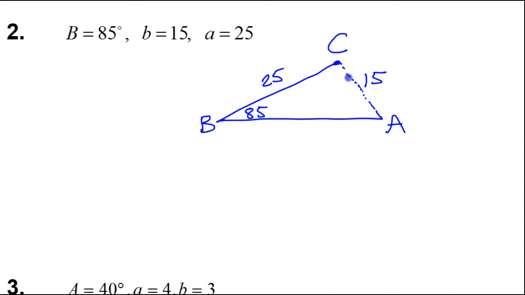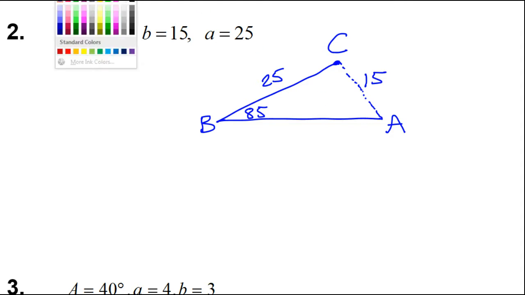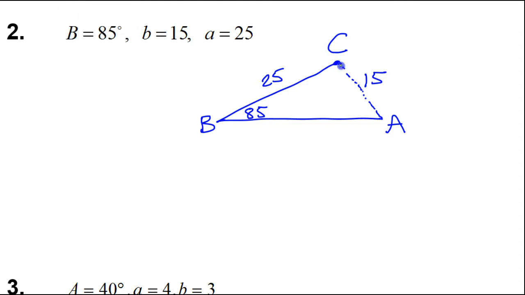Next, I need to make sure that this will form a triangle at all. And to do that, I need to check the height. So sine of 85 should equal opposite over hypotenuse, so h over 25.